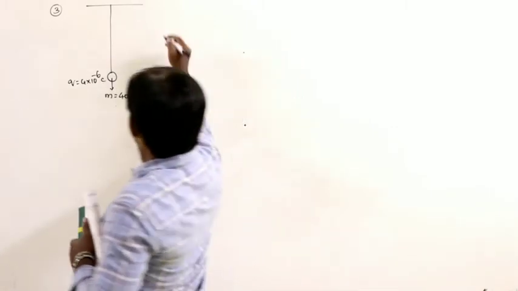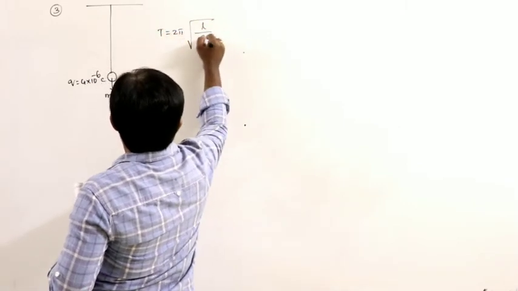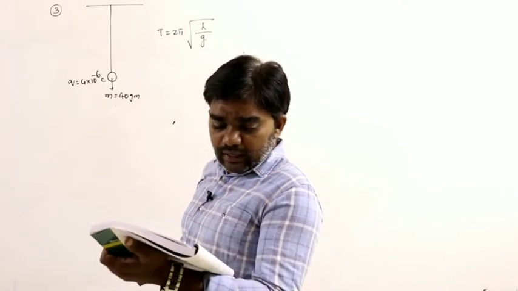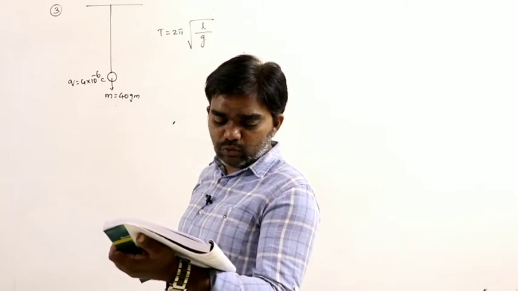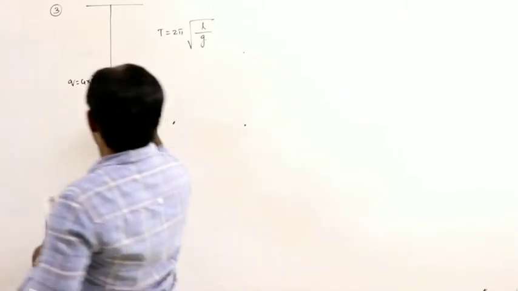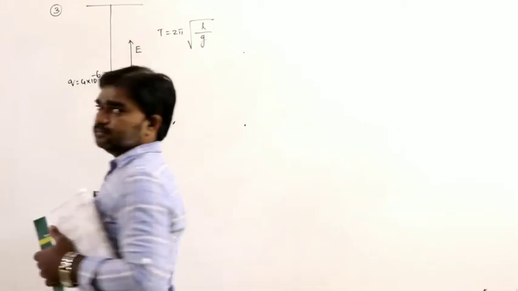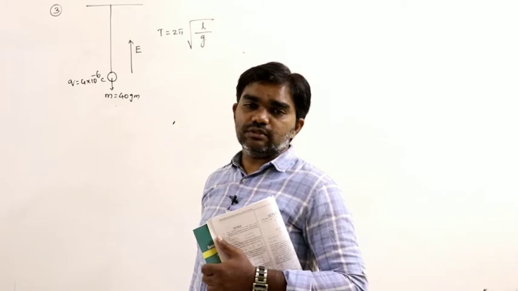The time period formula is T equals 2 pi root L by g for general calculation. Now an electric field of intensity 3.6 into 10 to the power of 4 newton per coulomb is applied vertically upwards. The electric field is acting vertically upwards.